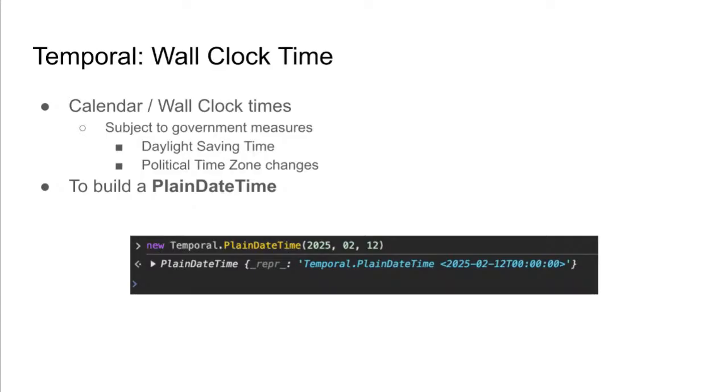And you will have the object that represents a point in a calendar. It assumes a default calendar, or you can pass another calendar to it, but it assumes the ISO calendar by default. It does not assume any time zones, though.